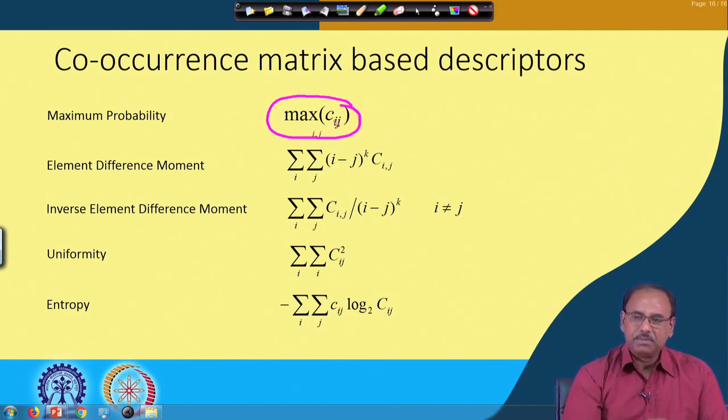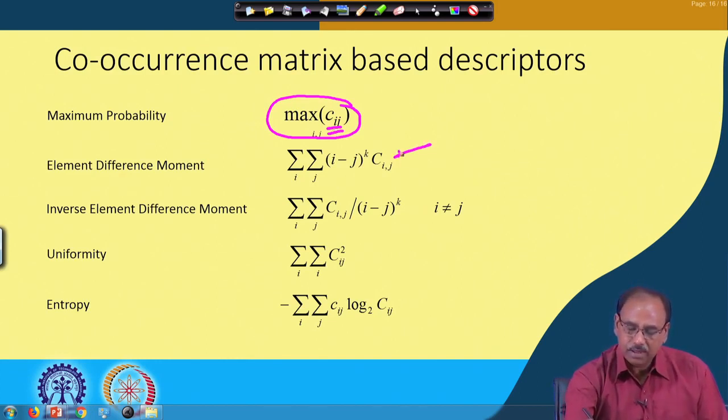So, this C i j represents the normalized matrix A i j. One property that I can extract is the maximally occurring pair of intensity values i j. The other one that I can compute is what is known as the element difference moment of order k, which is given by the summation over all values of i and j of (i minus j) to the power k times C i j. What is the significance of this?